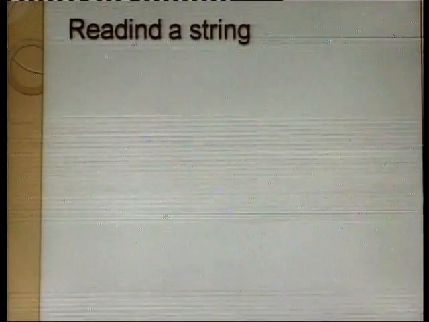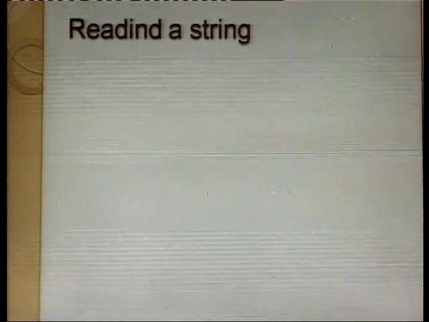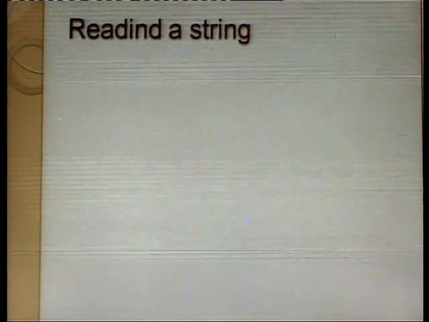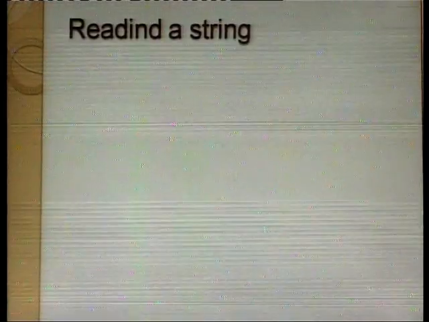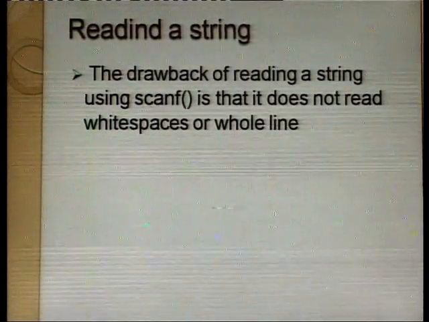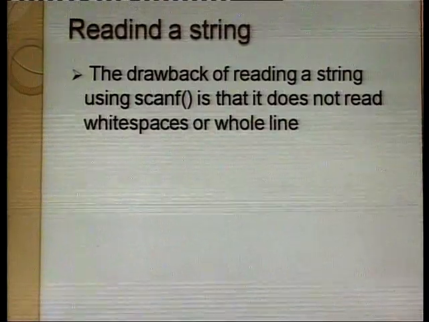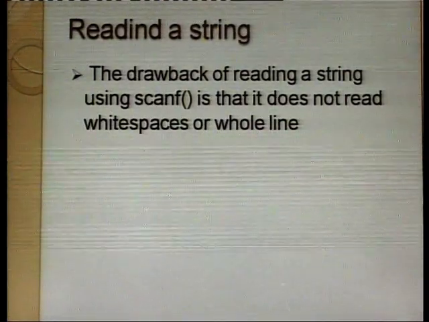So there are methods with the help of which we can directly read or write using the printf and scanf functions. There are further functions the compiler has provided with which we can read a string. First of all, what is the drawback of reading a string using the scanf function?